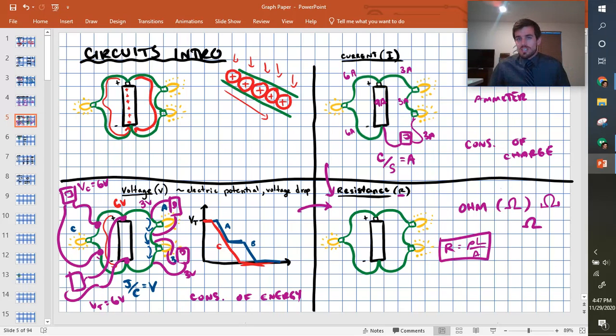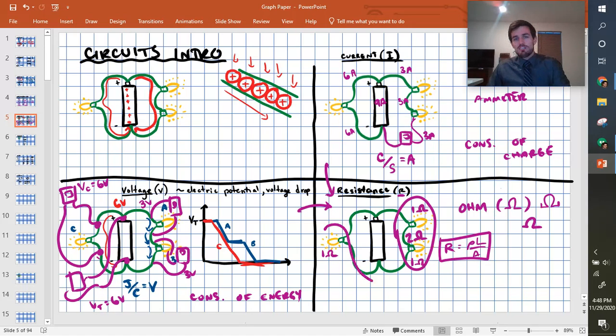Or in a later video, we'll learn how to add resistances of different resistors together to find what's called the equivalent resistance. So for example, when I set this problem up in my head, each one of these were 1 ohm resistors, and the equivalent resistance of these two together is a 2 ohm resistor. Like if we took them out and we just wanted to know how much resistance they were providing together, we wanted to replace them with a single light bulb instead of 2, we would replace them with a 2 ohm light bulb instead of the 2 1 ohm light bulbs, and it would have the same effect.